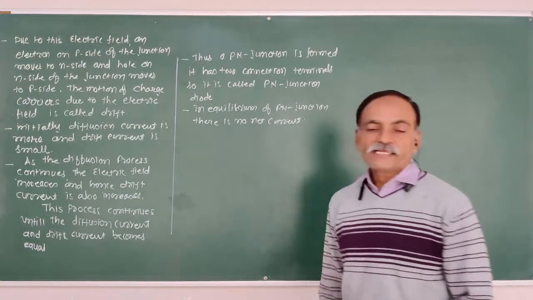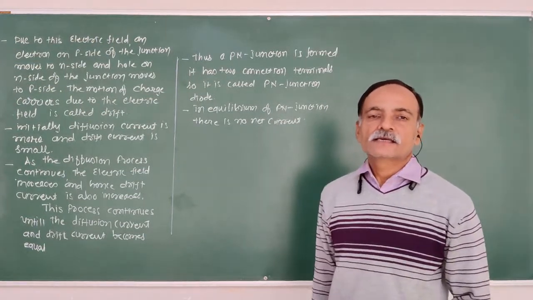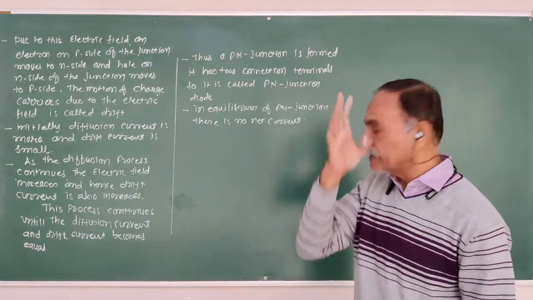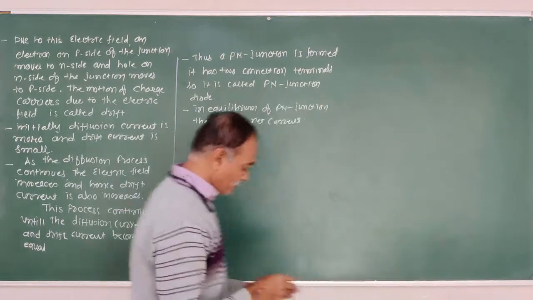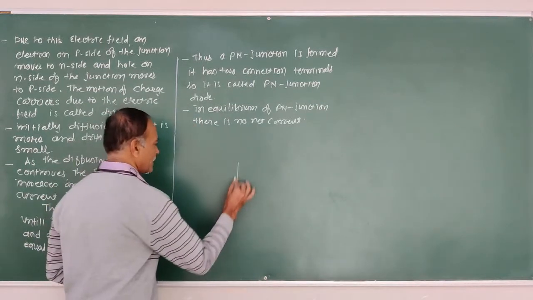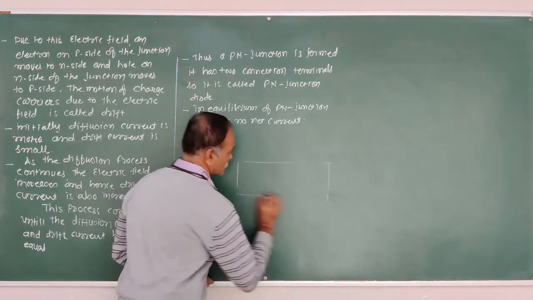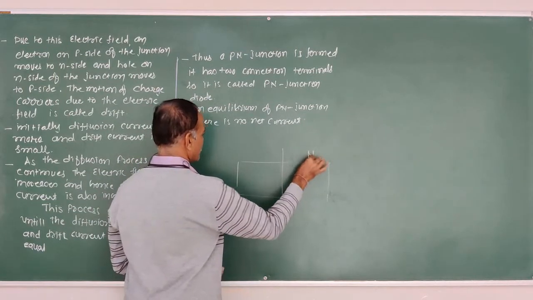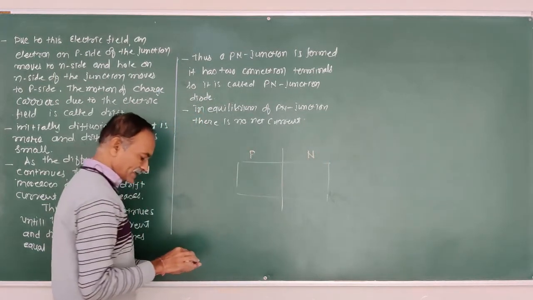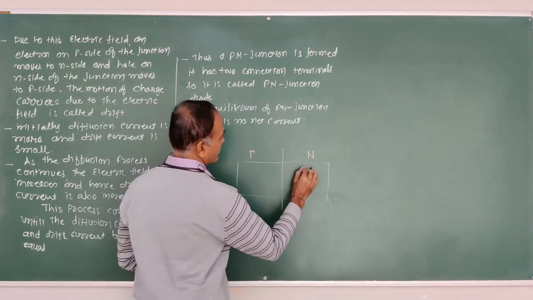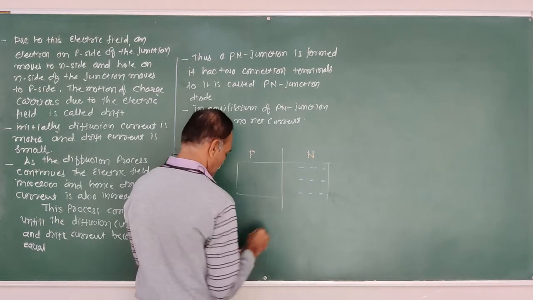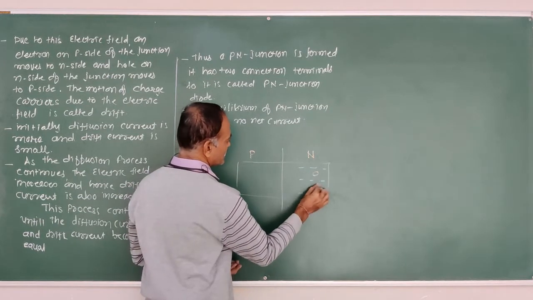Now the electric field is established across the junction in the direction from N region to P region. So what happens due to the development of the electric field near the junction? There is the PN junction, the N-type semiconductor, and the P-type semiconductor. In N-type semiconductor, the electrons are the majority charge carriers, while the holes are the minority charge carriers.